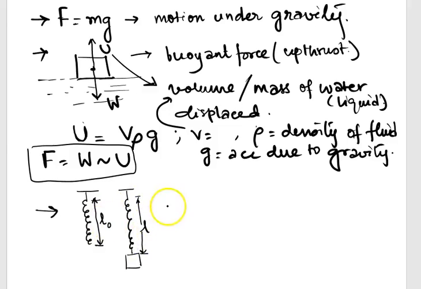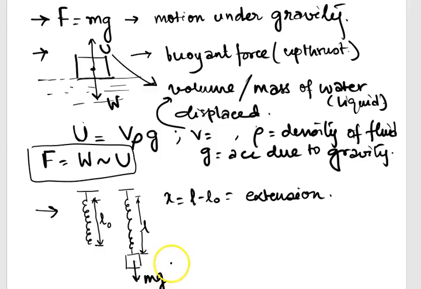This is the final length. So we have x equals L minus L naught, which is called the extension. Now, it is common knowledge that the extension is taking place because of the weight that is hung at the end of the spring.